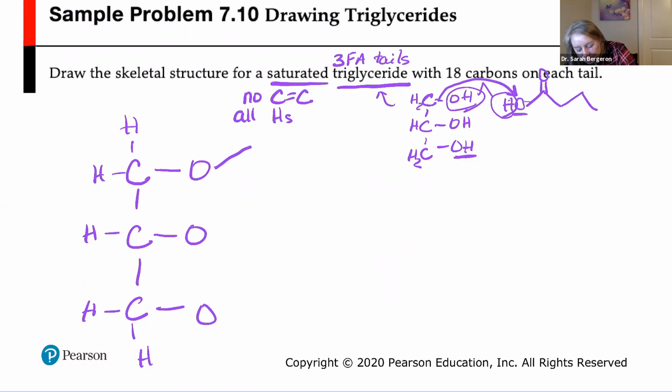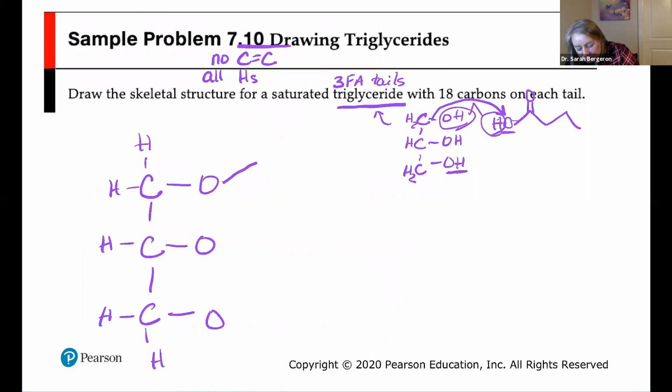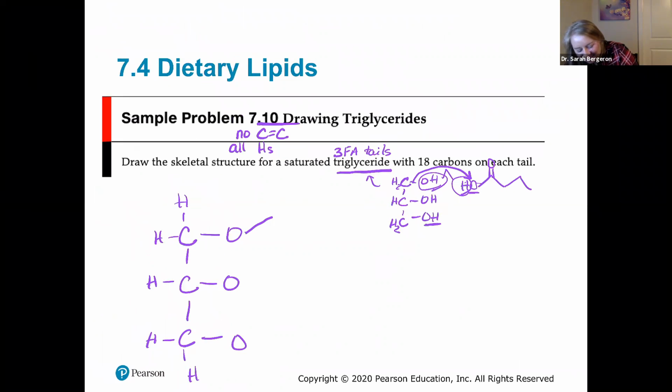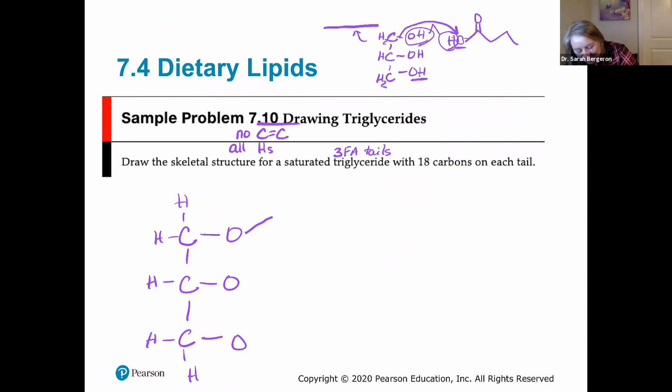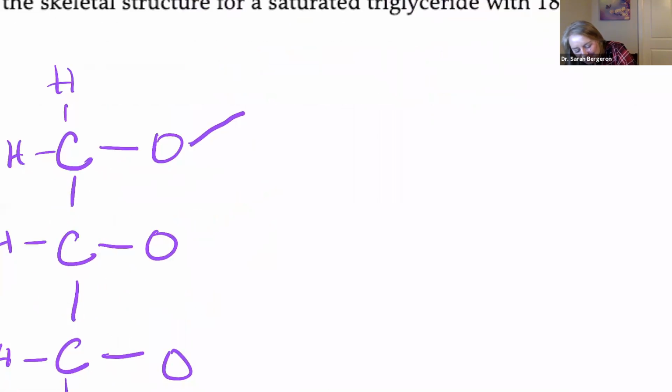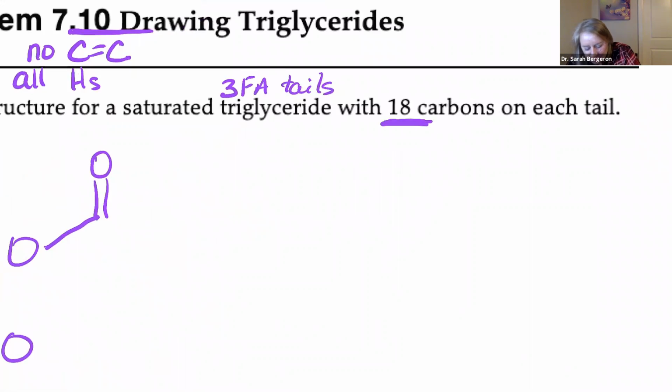Okay, I'm going to go into my carbonyl carbon, which means I need a carbon-carbon double bond. Now, this needs to be how many carbons long? 18 carbons.